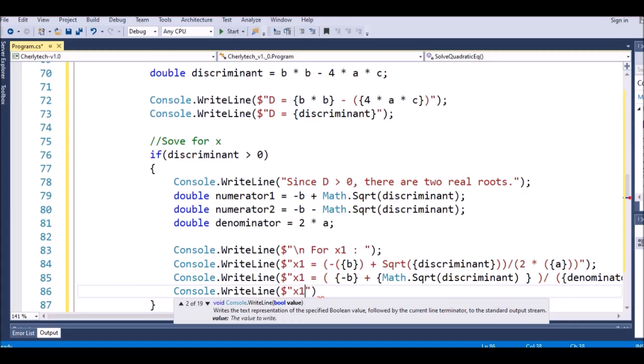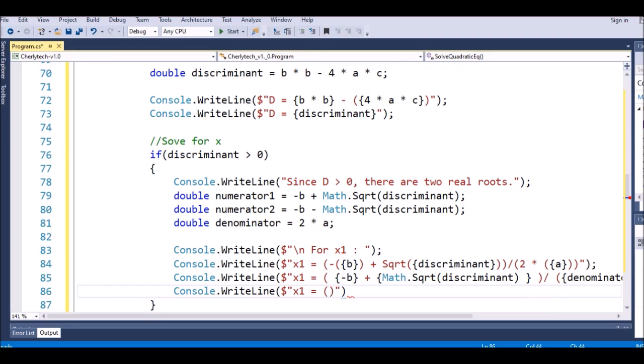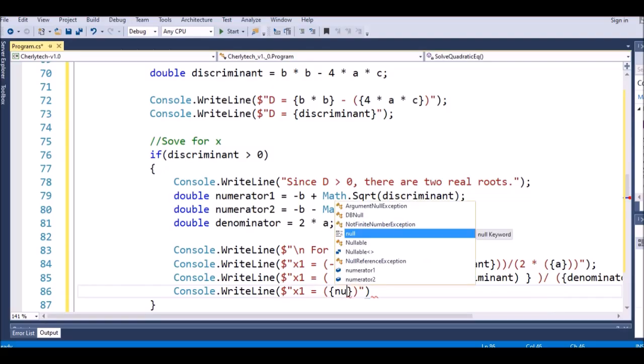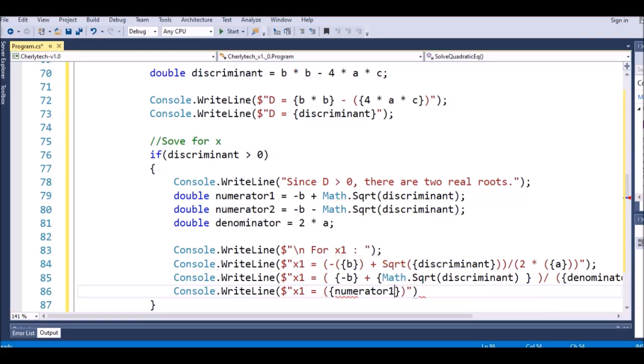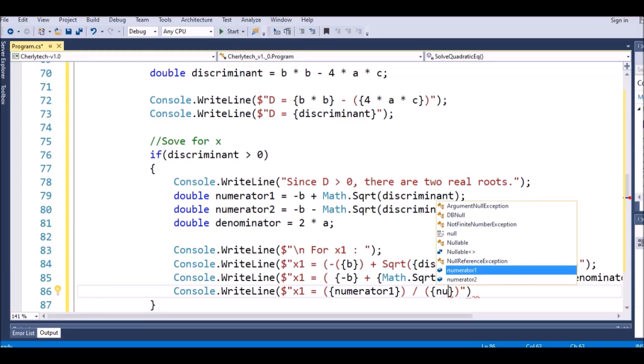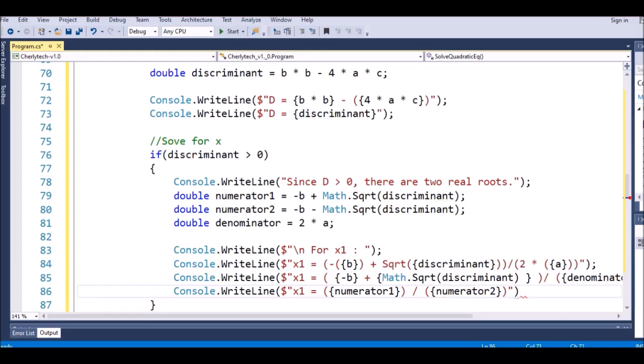So x1 equal numerator 1 and divide numerator 2.